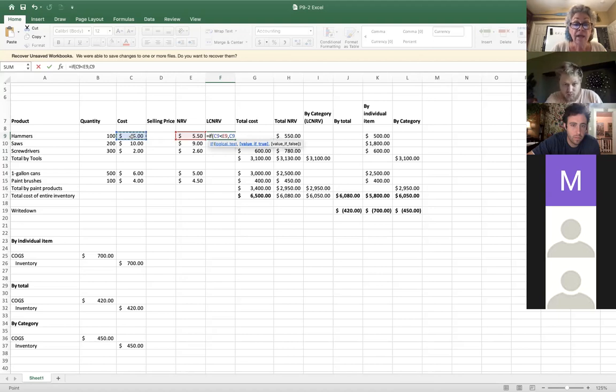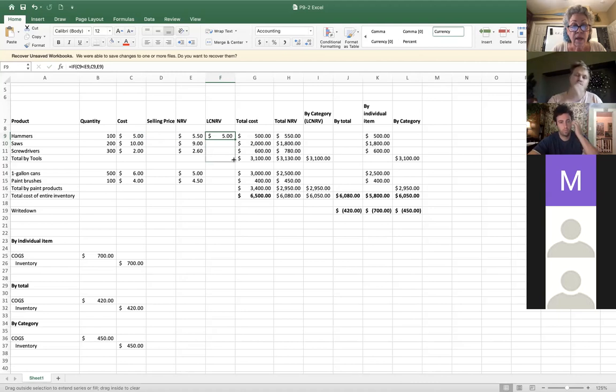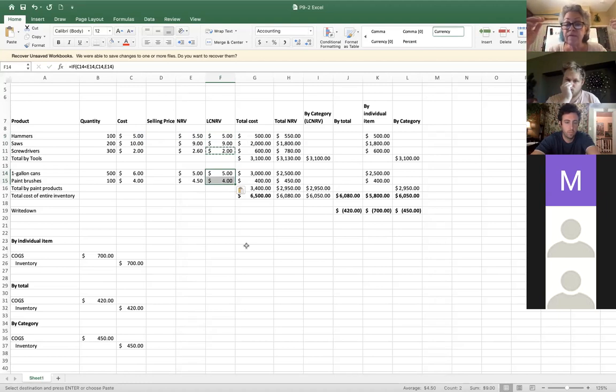If that statement is false, then I want my NRV. And then I can copy that down. So here in Excel, using an if statement, we can determine by product whether cost or NRV is lower by just using a logical if statement.